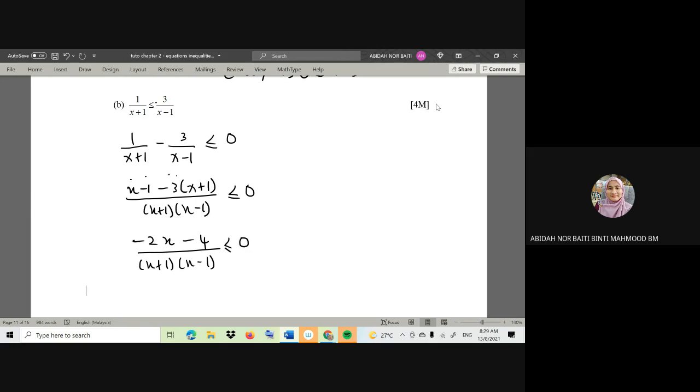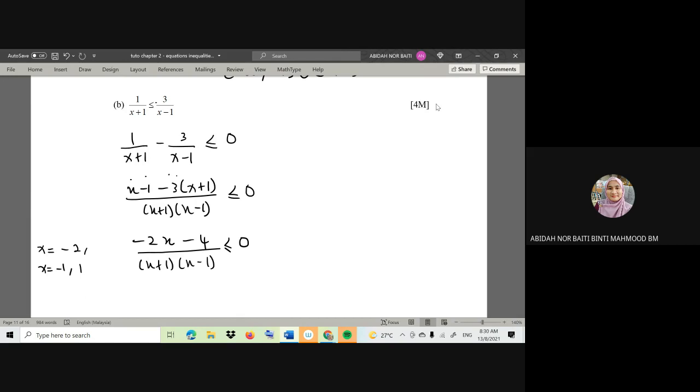Then determine your value of x. So the value of x for the numerator is negative 2. Value of x for the denominators are negative 1 and positive 1.